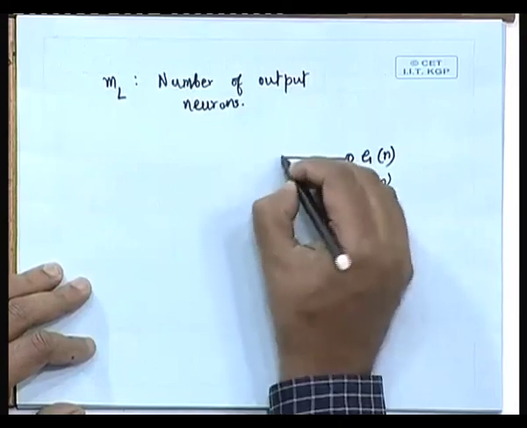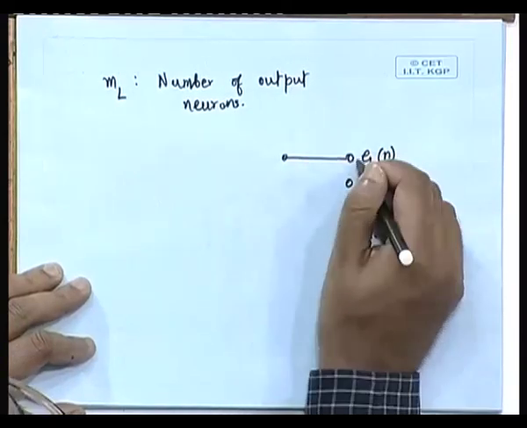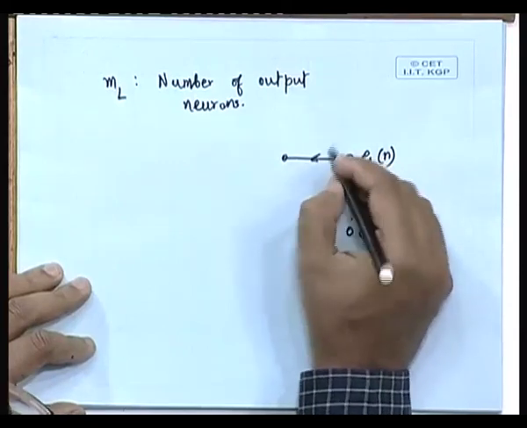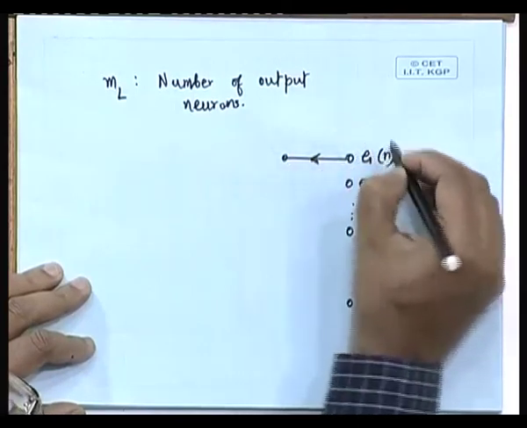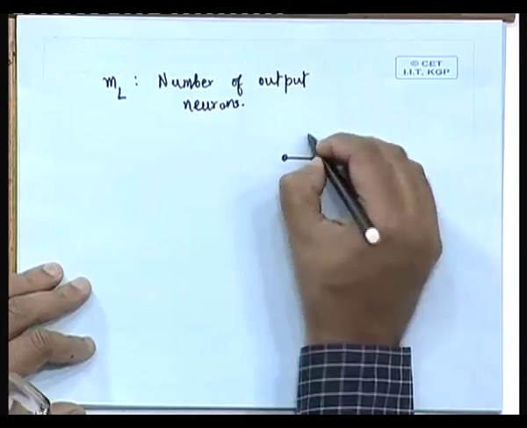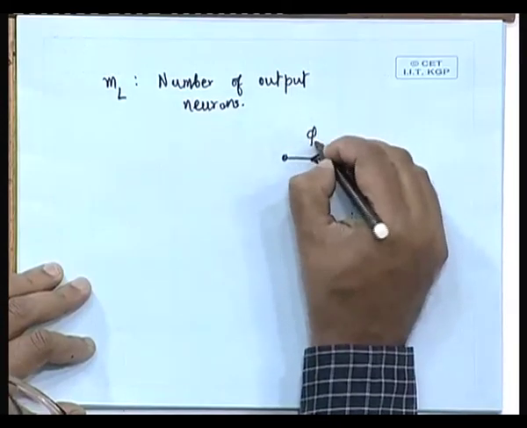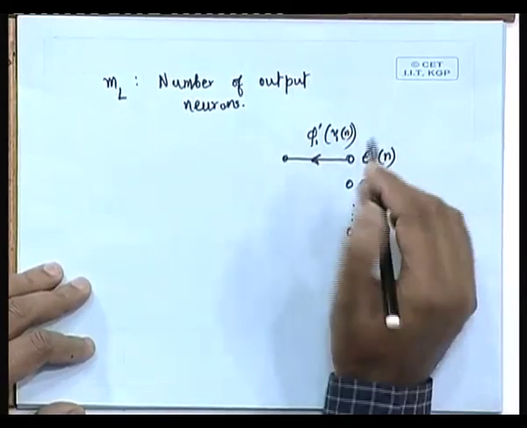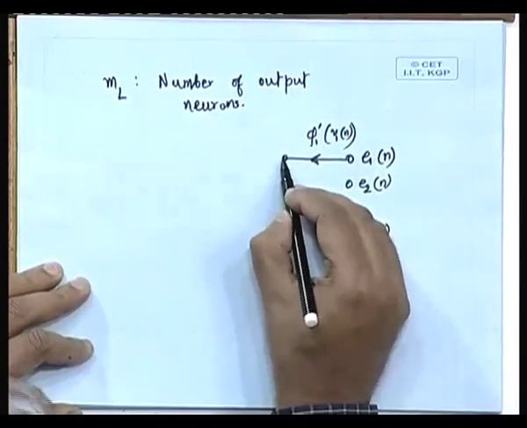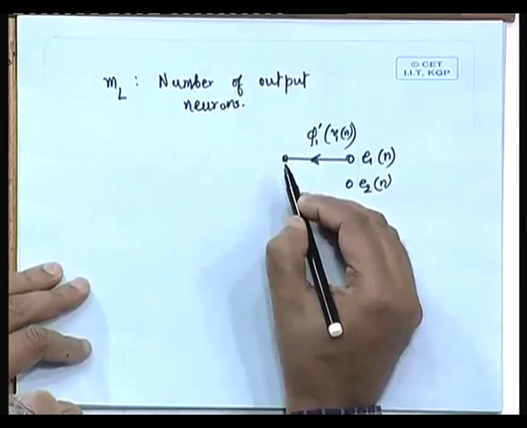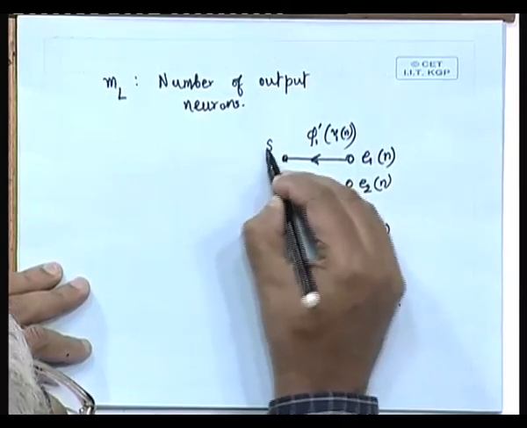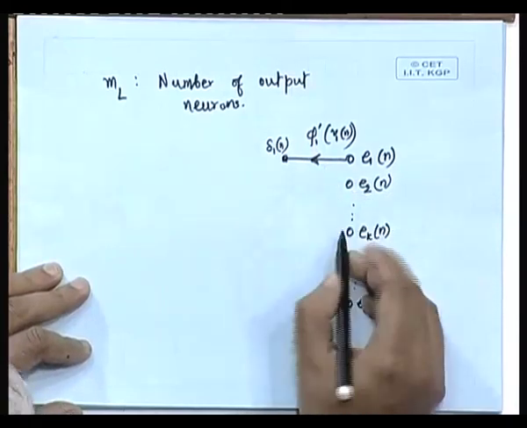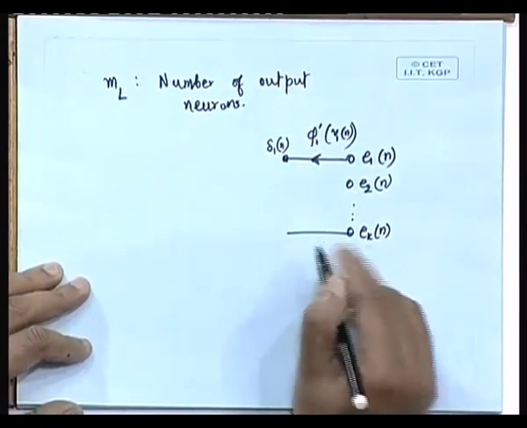E1 will be multiplied by phi dash 1 V1n, and what will I get as this term? Delta 1n. Like that E2, like that EKn.